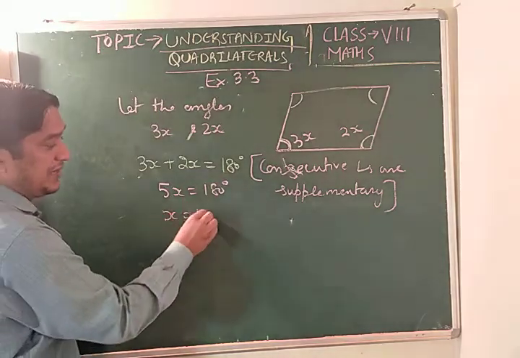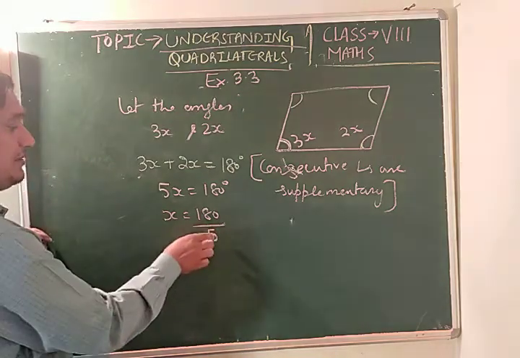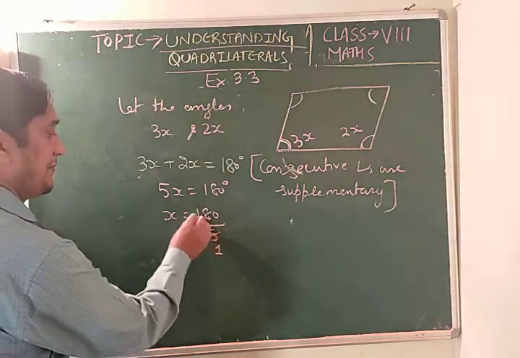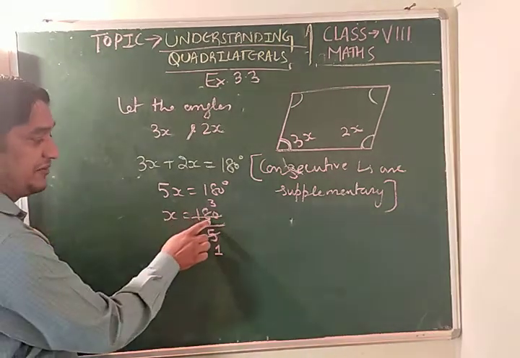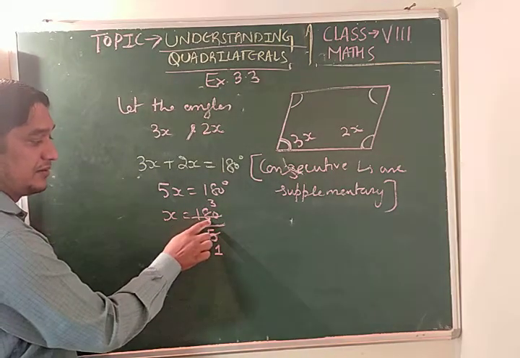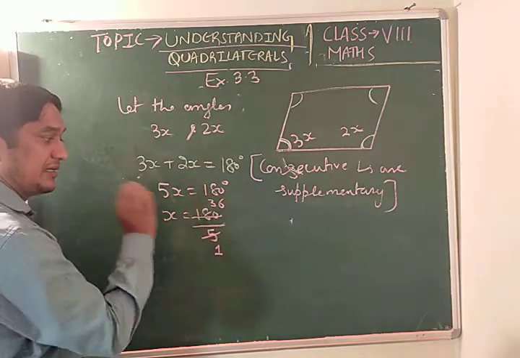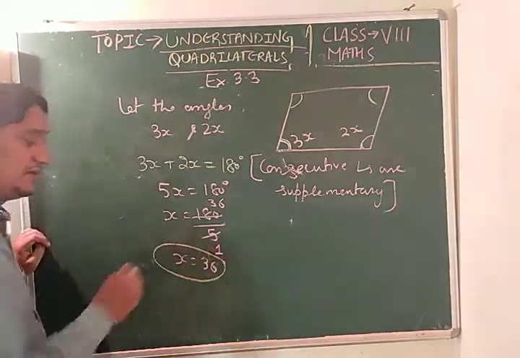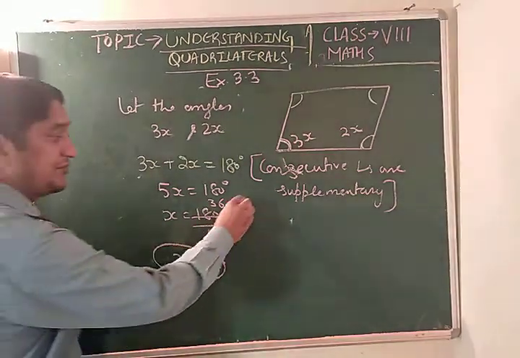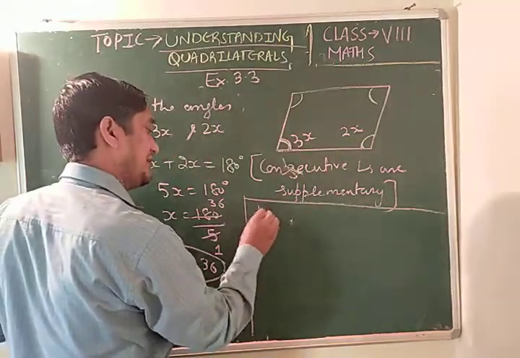Now x is equal to 180 upon 5. Now divide this. 5 ones are 5. 5 threes are 15. Then 30. 5 sixes are 30. The value of x is 36.